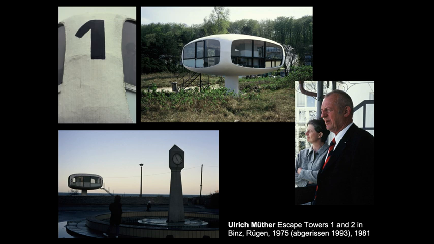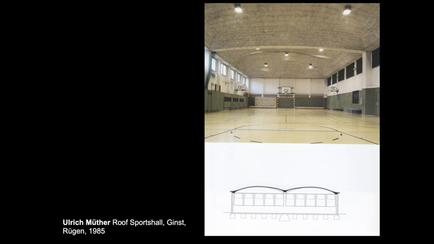When we had the opportunity to talk to him, I was with some students in Binz, and he gave us a lecture about his work, and he said, "I'm a Landbaumeister," which means I'm a builder for the people, especially on my island of Rügen. So he was also helping them if they had no materials, for example, no wooden beams or steel beams, or anything else to construct a roof, for example, for this sport hall in Ginst, which is also on the island.